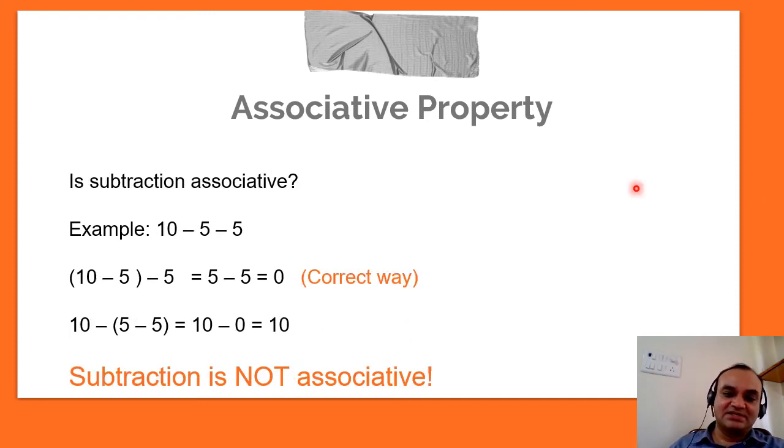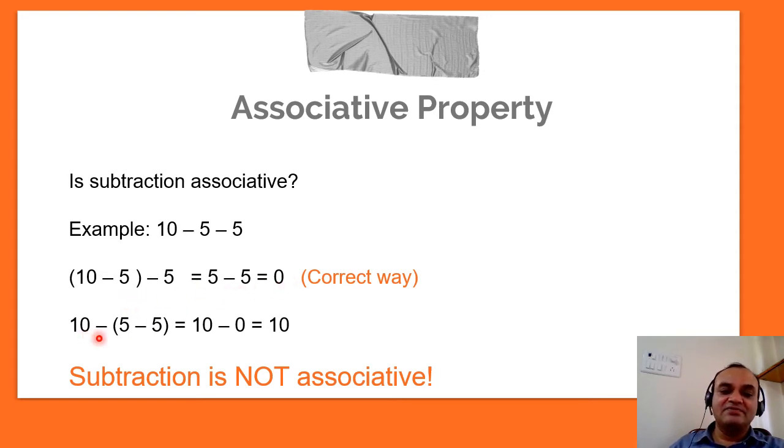How about subtraction? Is subtraction also associative? Let's take an example. Let's say we want to do 10 minus 5 minus 5. In one way, we'll do first 10 minus 5 and then subtract 5 from that. So 10 minus 5 is 5, minus 5 will get 0.